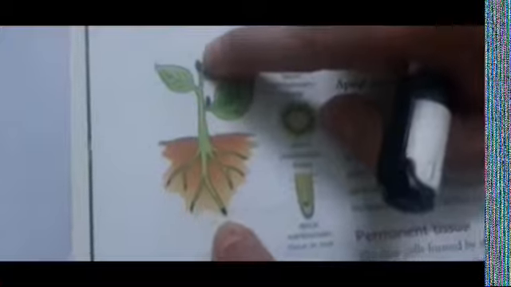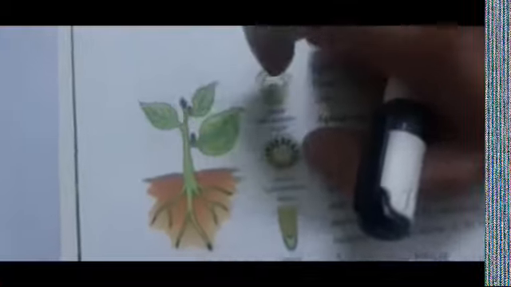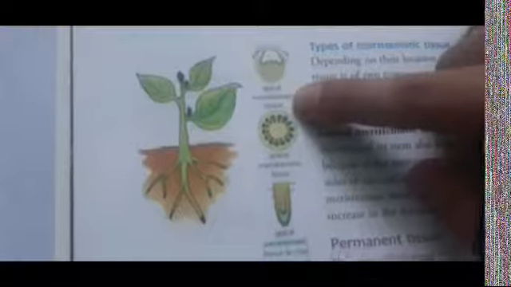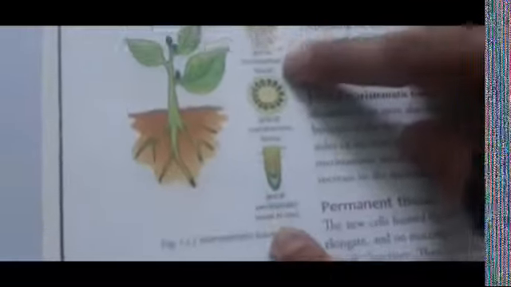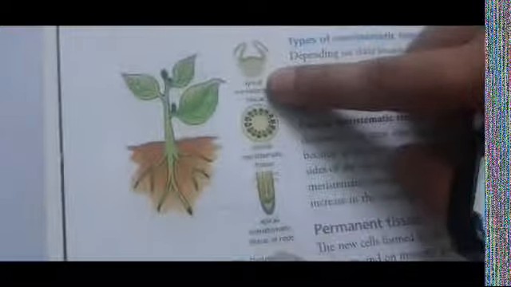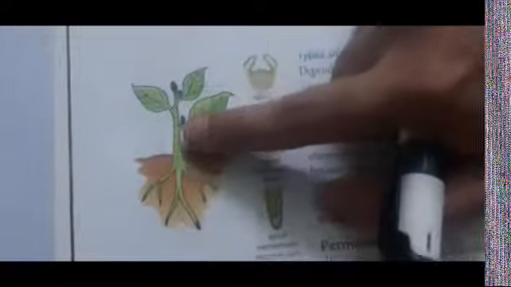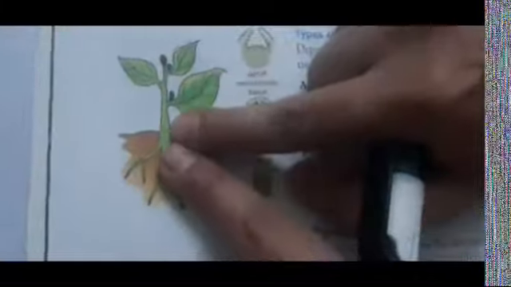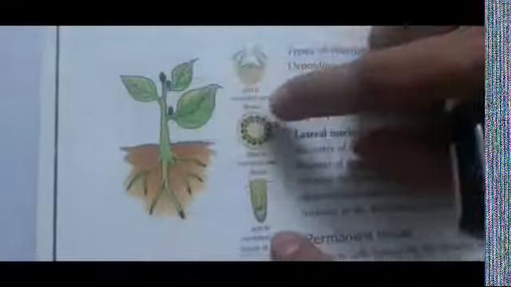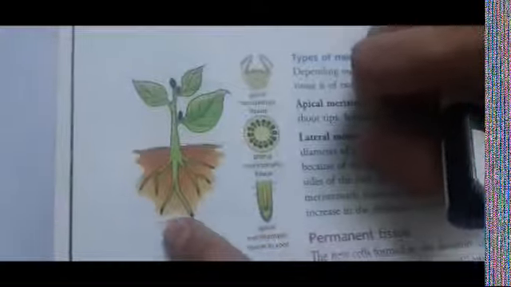So on the root tip and on the shoot tip are present the apical meristematic tissue. Here also apical meristematic tissue, here also the apical meristematic tissue. So they will increase the length of the plant in the downward direction or in the upward direction. The plant will grow in its length. So we have apical meristematic tissue on the root tip and on the shoot tip.